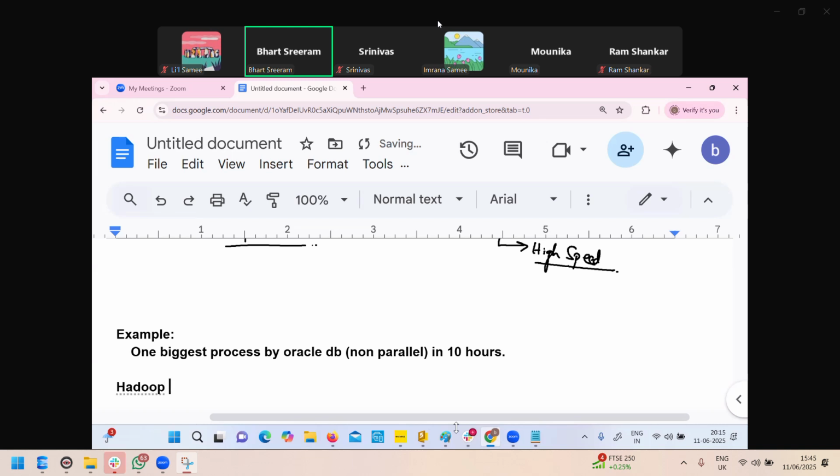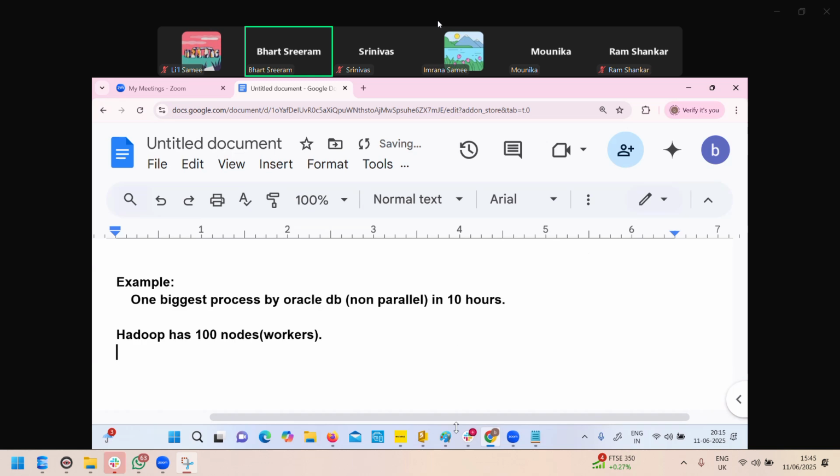Now the Hadoop cluster has 100 nodes working as workers. Think that the file data is the biggest file, that's why it is distributed into 100 machines, I mean nodes.